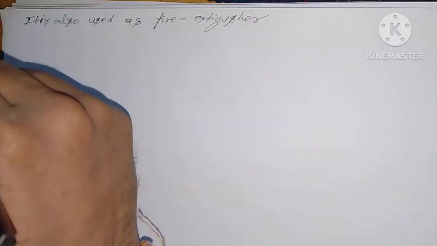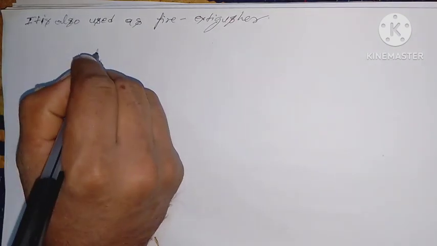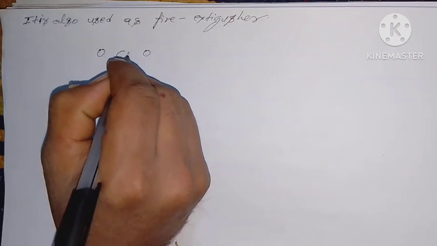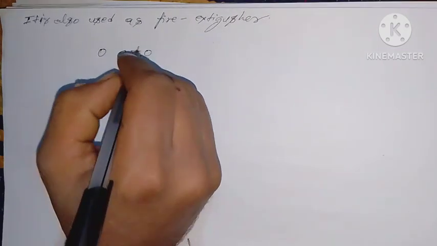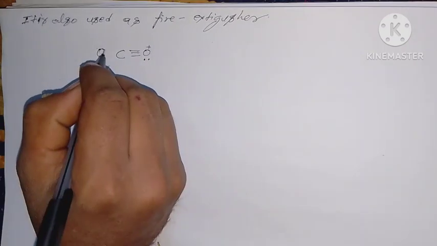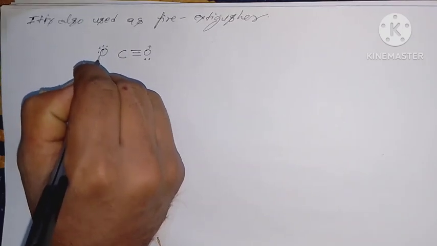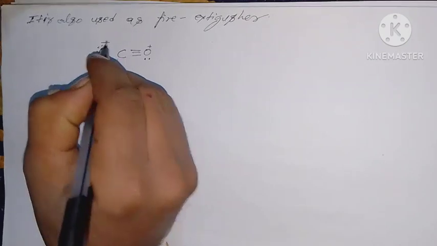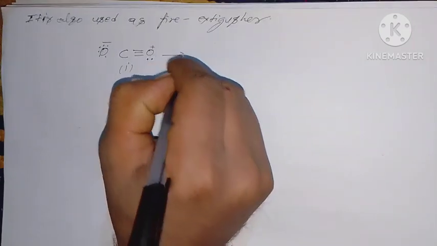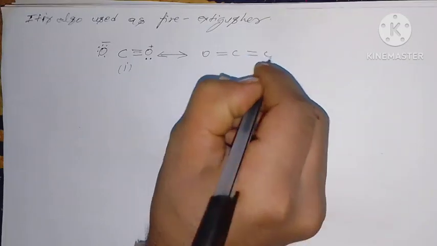The actual structure of carbon dioxide involves resonance among these structures. The first structure: oxygen, triple bond, carbon, single bond, oxygen, with charges. The second structure: oxygen double bond carbon double bond oxygen.